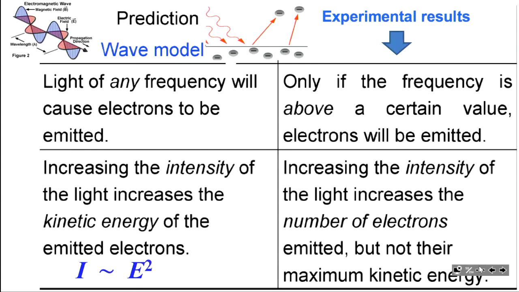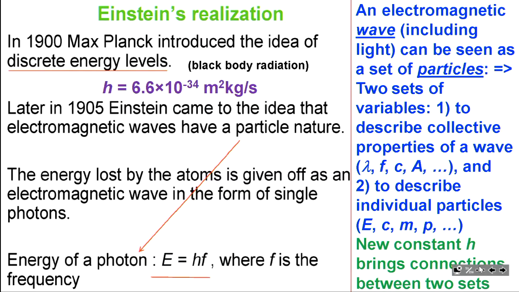Electrons, of course, should get more energy, stronger force acting on them, and they should be more energetic, but that's not happening. Instead, if we use a brighter light, we just get more electrons with the same energy.